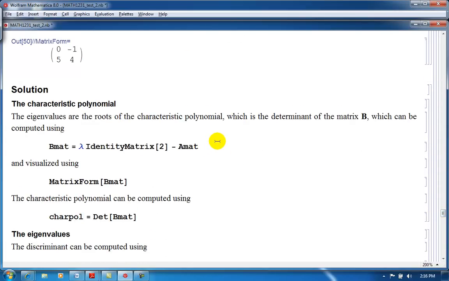We form the matrix B, which is lambda times the identity matrix minus the matrix. There it is.